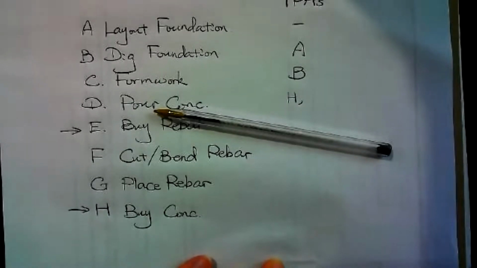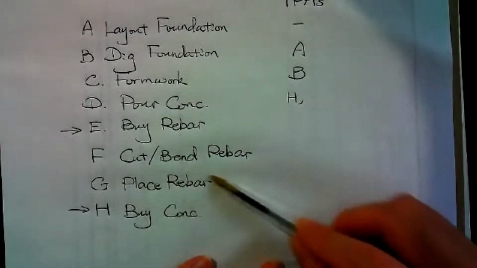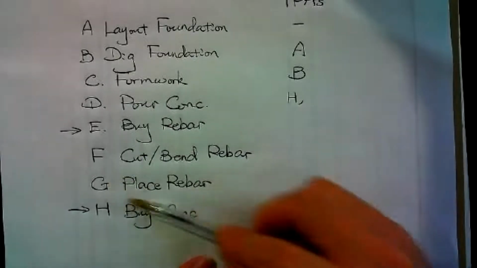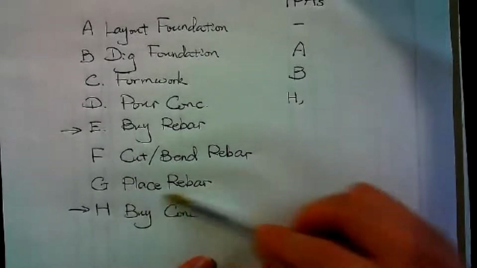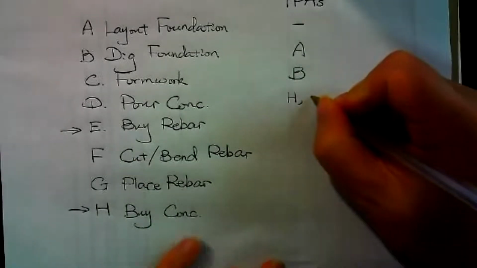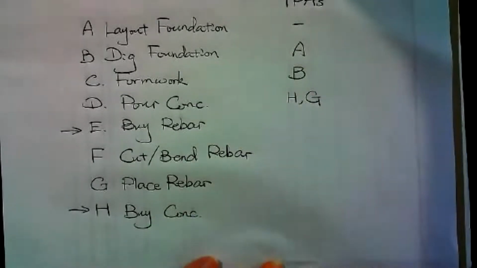So the immediate preceding activity of pour concrete is place rebar. You need to have the rebar ready before you pour concrete. So that means this G should be here.